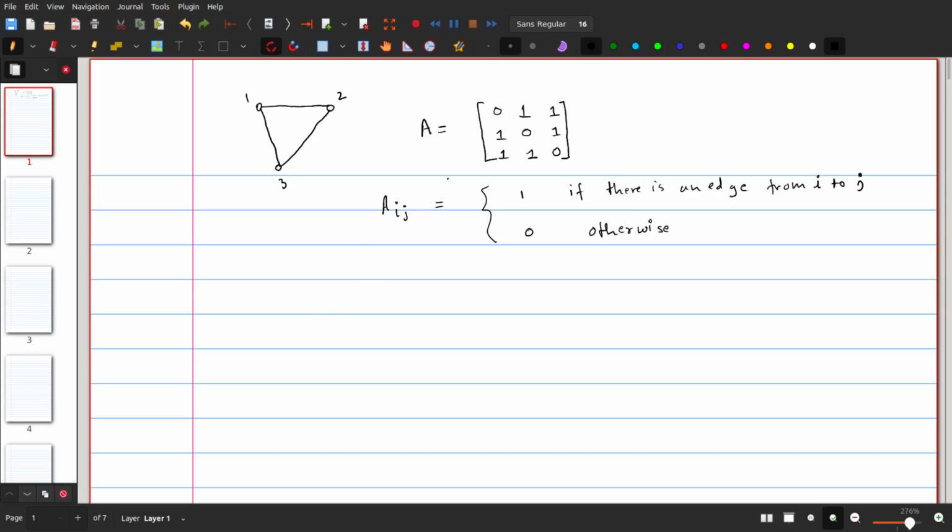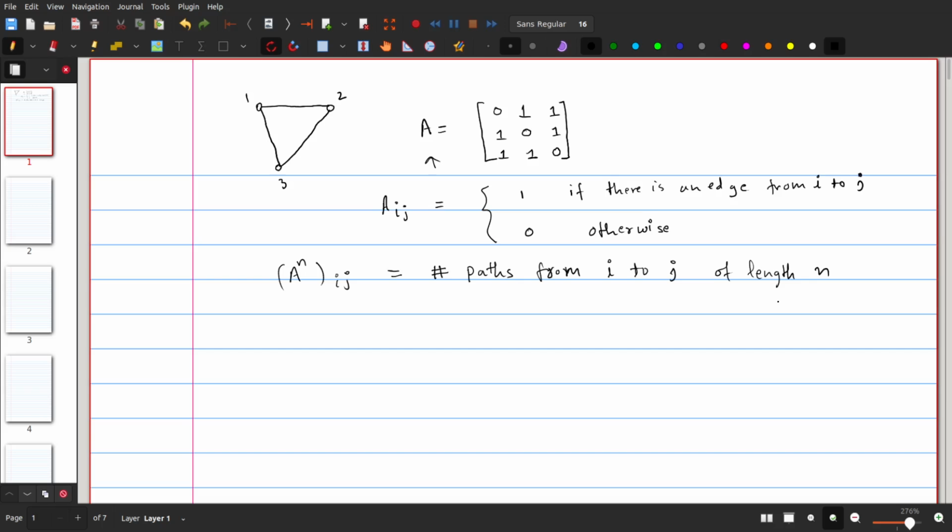Now this matrix has a very beautiful property. If we take its nth power and consider its ijth element, then this is equal to the number of paths from vertex i to j of length n.